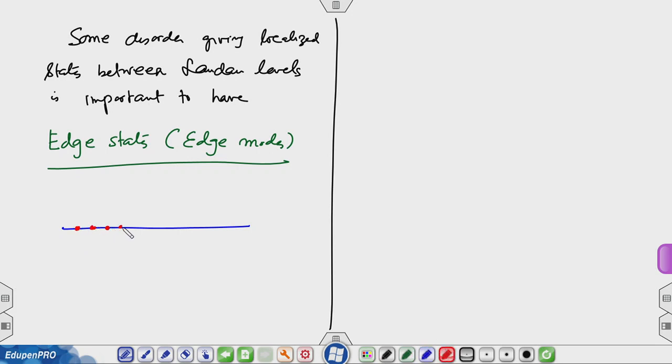Let us look at the ground Landau level here at different points. So, here is this potential, all over.